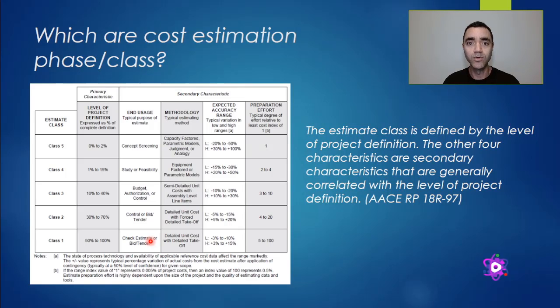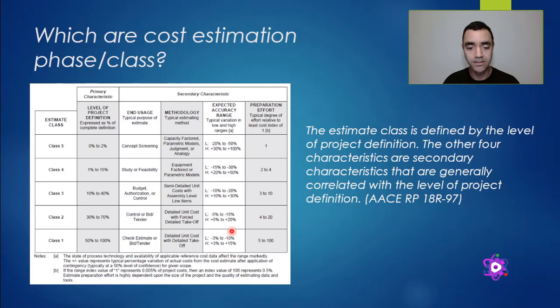It's possible, with the documentation developed, to do check estimate and bid tender, and the accuracy can be as low as -3% in the lower range and plus 3% in the higher range.